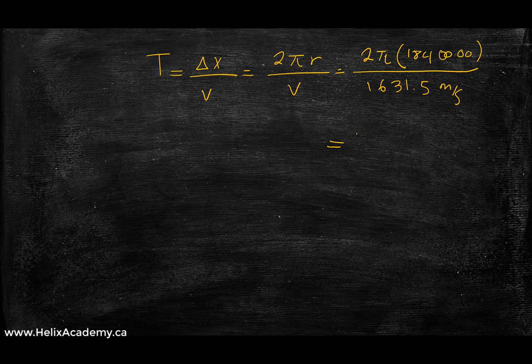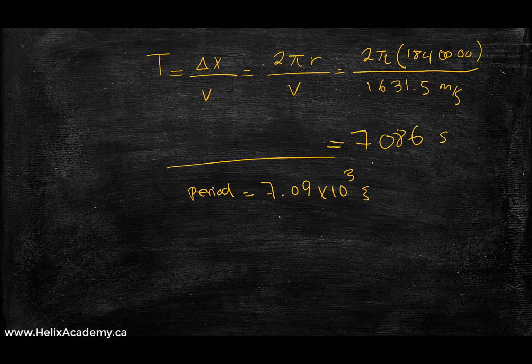And that equals 7086 seconds. So the period is equal to 7.09 times 10 to the power of 3 seconds.